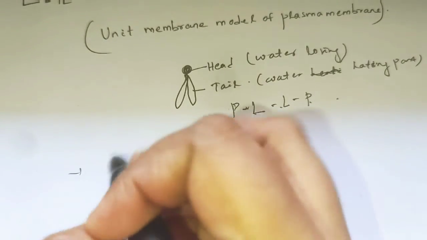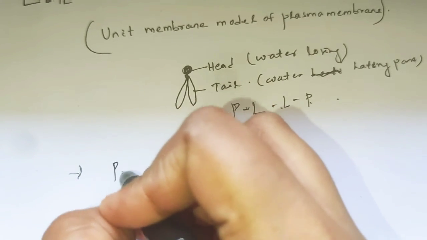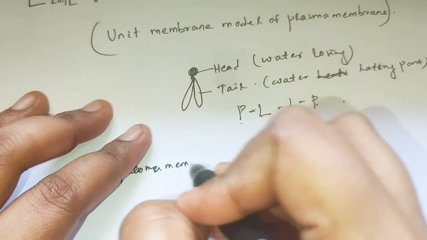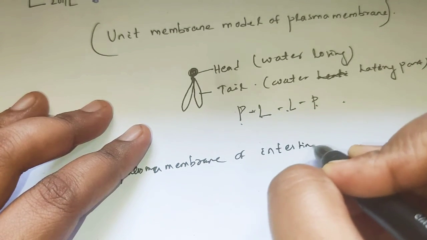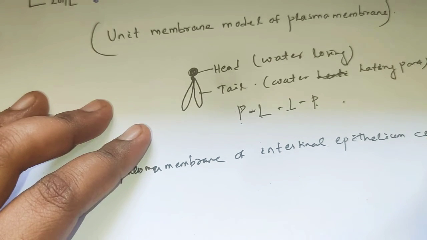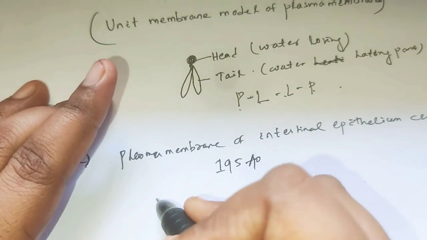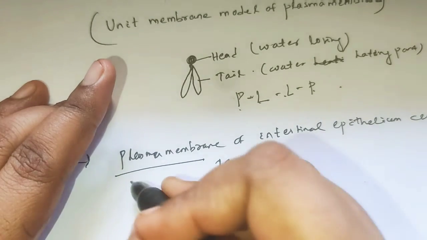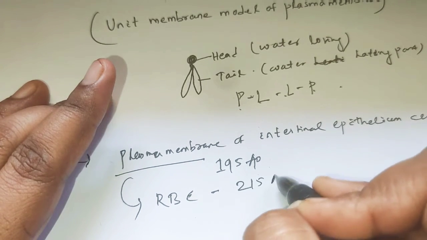Okay, here write down the point. In case of the plasma membrane of an intestinal epithelial cell, it shows about 195 angstrom, and in case of the plasma membrane of an RBC, it is 215 angstrom.